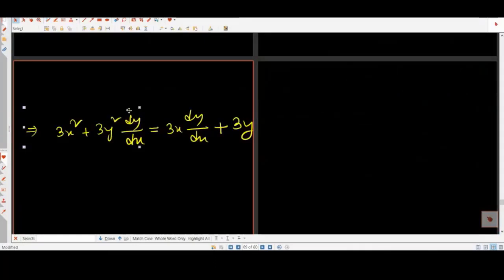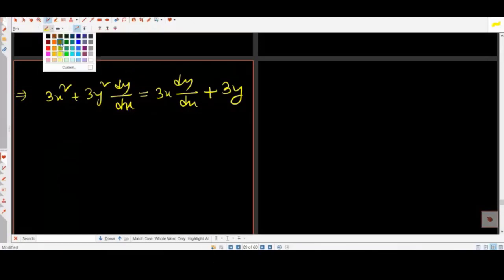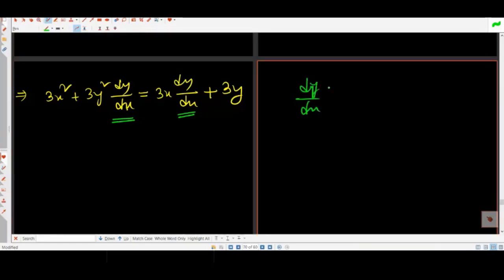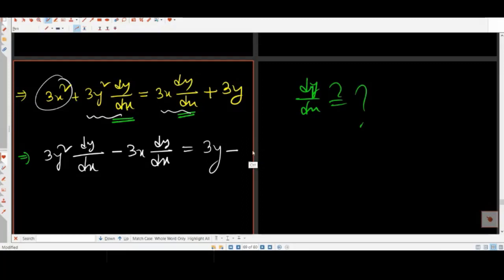What can we do? We can just group all the terms from the left and right side where we have dy/dx. So here we have dy/dx, dy/dx. Our target is to find dy/dx equal to what? So let's group. We are keeping this term on the left side, 3y squared dy/dx, negative 3x dy/dx. On the right side, we are keeping 3y and we are transferring this term to the right side, negative 3x squared.